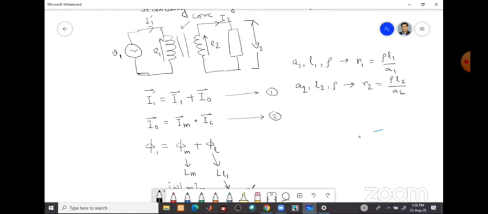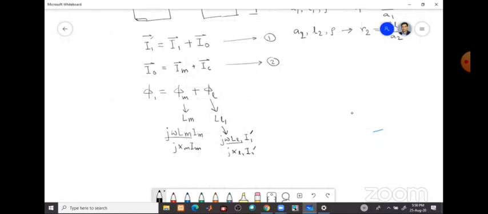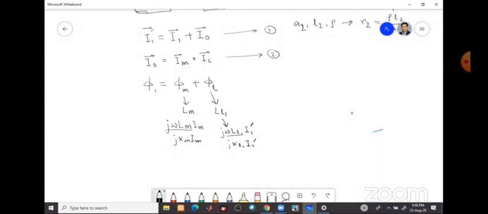That means the primary as well as the secondary coil will have some definite, finite resistance. The resistance will not be zero, as we are not using any superconducting material for the primary and secondary.